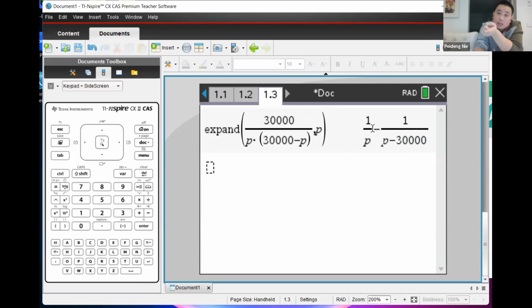That's why you need to write instead plus 1 over 30,000 minus P, okay? So when you are writing the partial fractions on your physical paper, write the second denominator in the reversed order, all right? And put a plus in front. Okay, now I'll jump back to my question again.